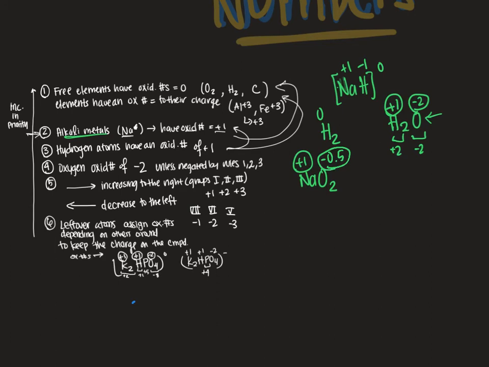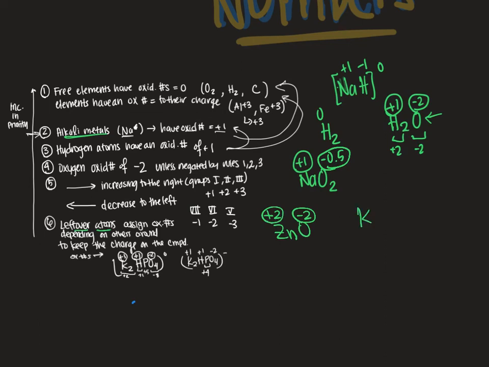Yep, that's weird, and you probably won't see that super often, but it's just going through these steps and seeing if you can understand where everything is coming from. All right, ZnO, try to go ahead and do that. So oxygen has a -2. All right, zinc doesn't have a rule by itself, but it does function as a leftover atom over here. So I can say this can be a +2 charge, keeping this electrically neutral.